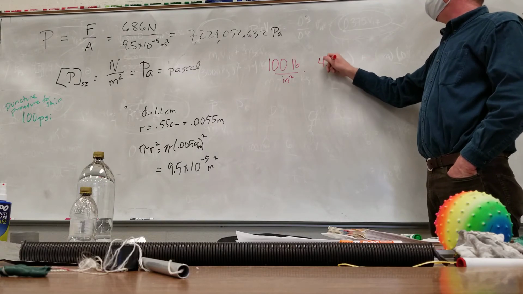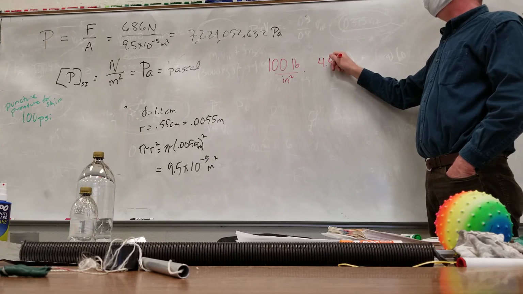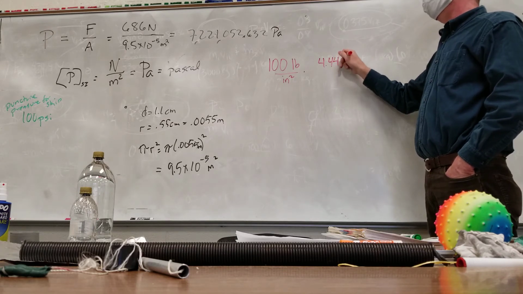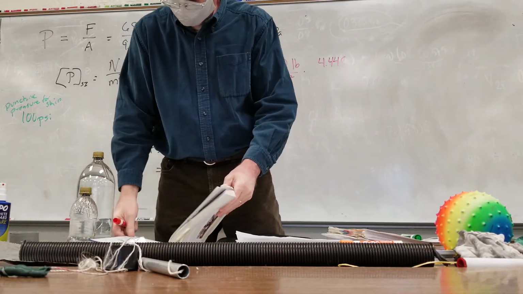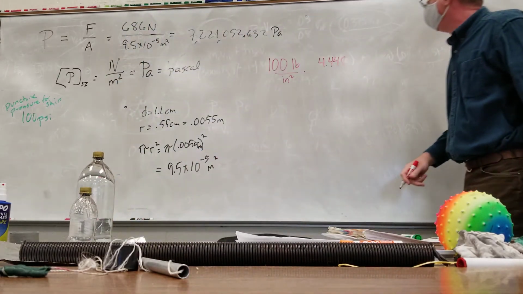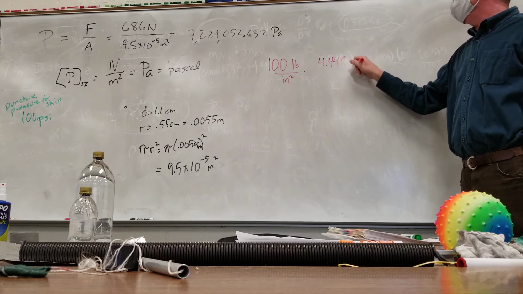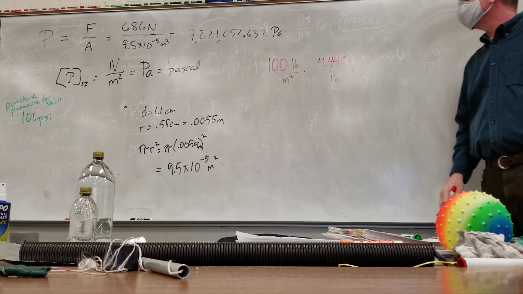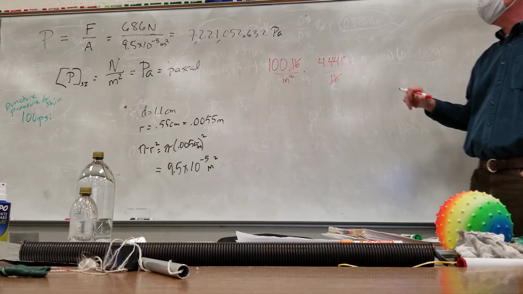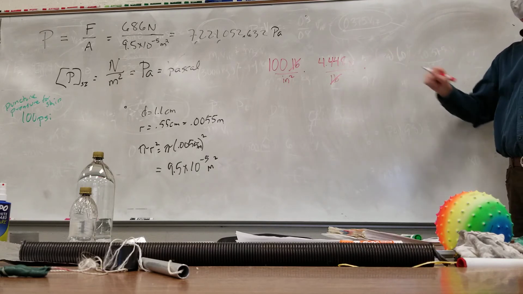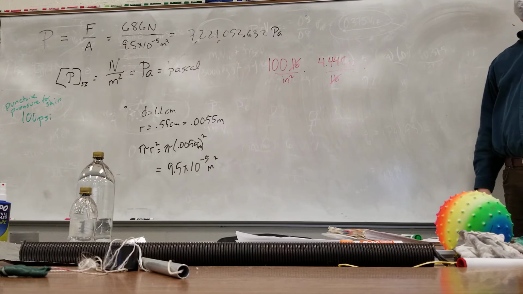So it's 4.448, and let me double check that. Yeah, newtons per pound. So that will get rid of my pounds here. So I have newtons on the top. Now I need to get inches into centimeters. How many centimeters in an inch or inches in a centimeter?